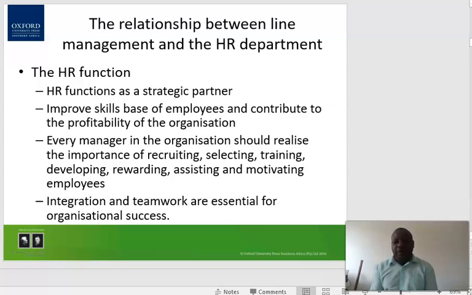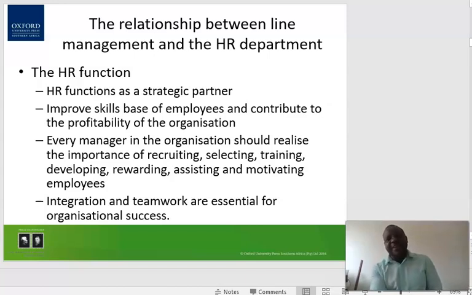Every manager in the organization should realize the importance of recruitment, selection, training and development, rewarding, assisting and motivating employees. Integration and teamwork are essential for organizational success.